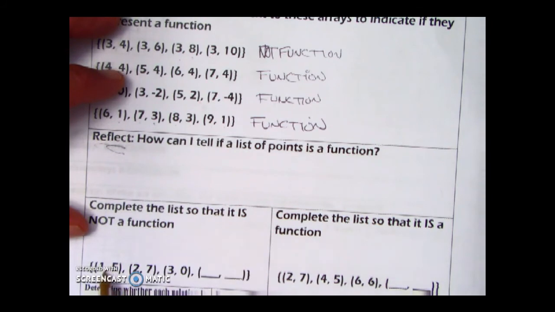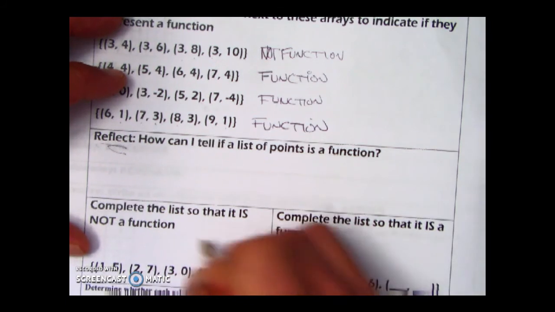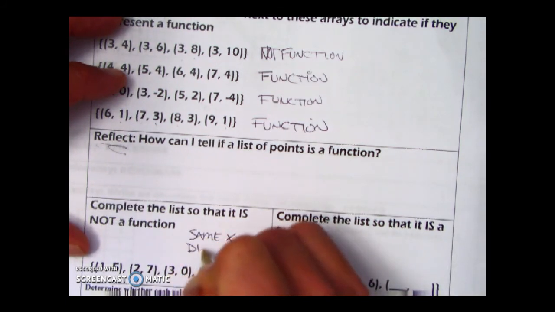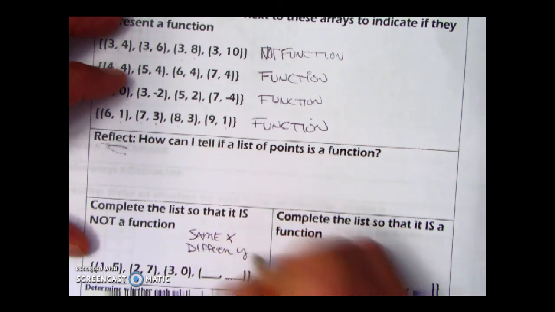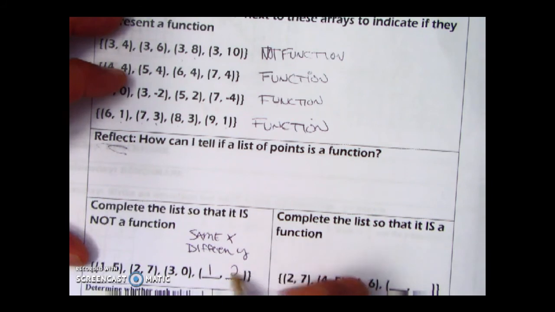All right, so I want not a function. We did this before, right? So I have an input 1, 5, 2, 7, 3, 0. So to make this work, I need to have the same x, different what? Y. So what if I came back and said, well, put in 1 this time and I only got 2 back?